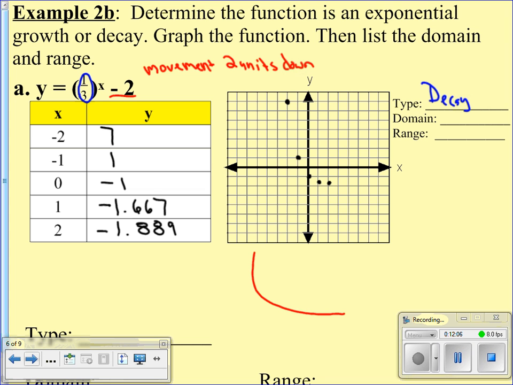And that pattern of dots is following my exponential decay. So when I put this in, I know I'm going to follow along.